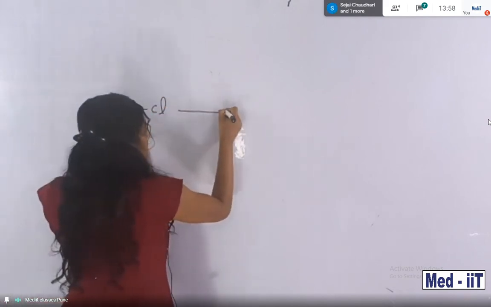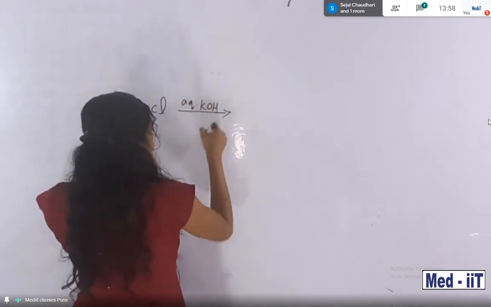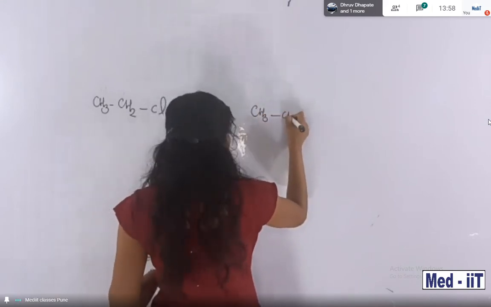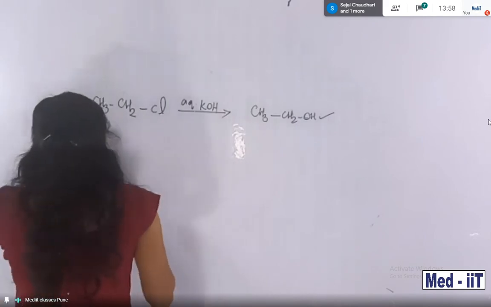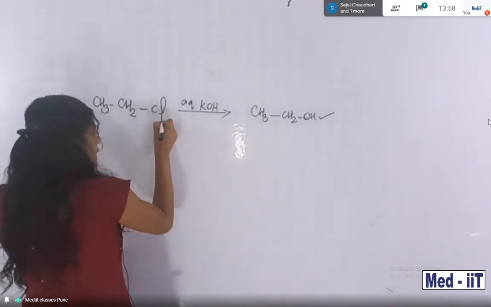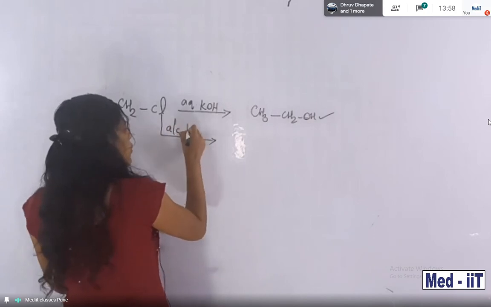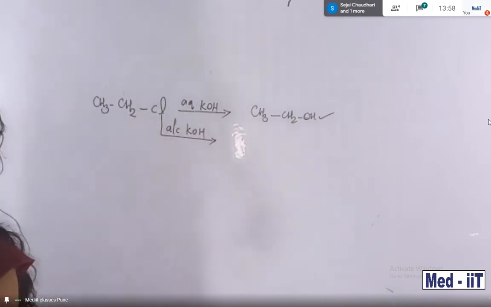This is reacted with aqueous KOH. So you are telling that the product is CH3CH2OH. This is right. Correct. Then the same thing in the presence of alcoholic KOH. What about the product? This is our question.